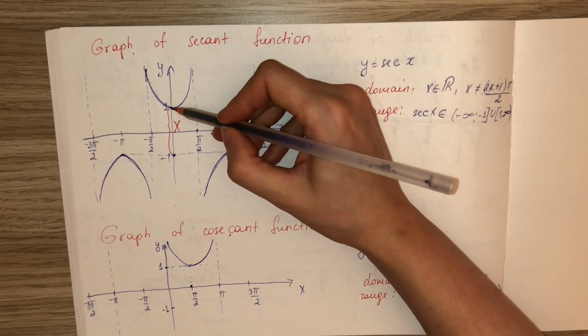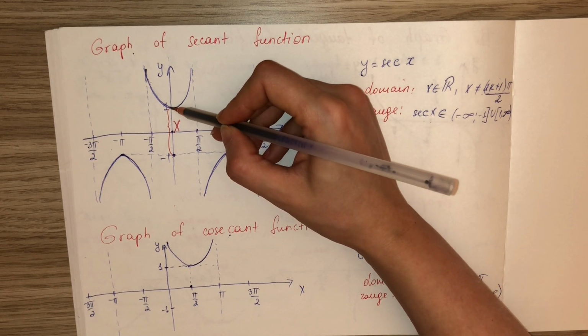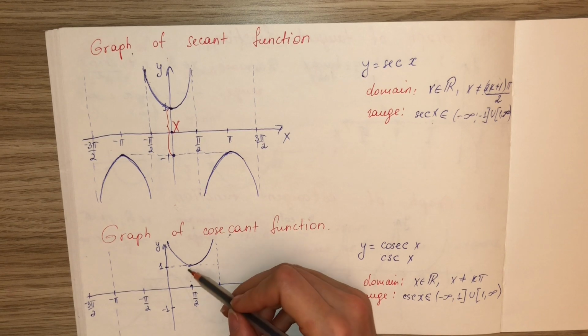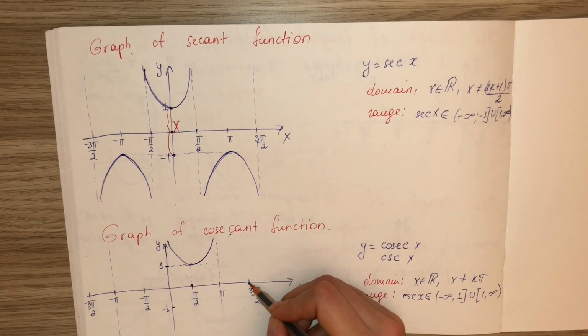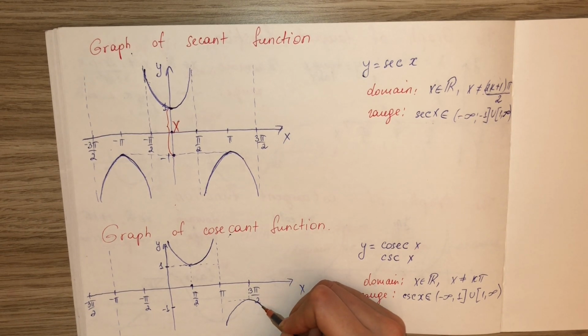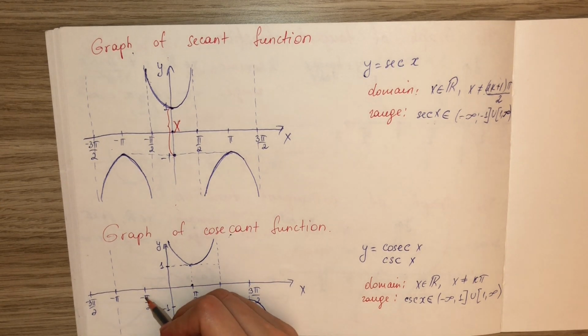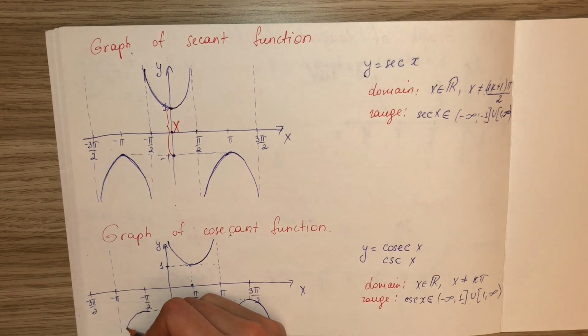And also, while the angle is 3 times pi over 2, the graph gets -1. And we will continue like that.